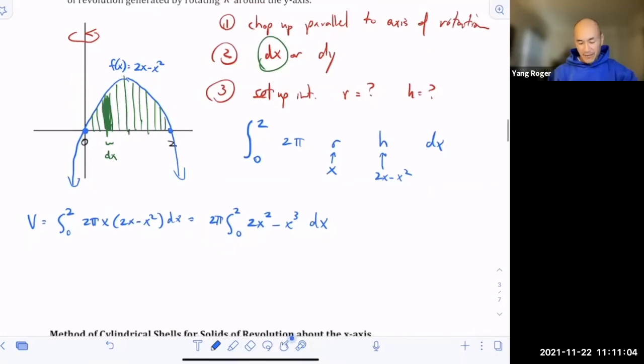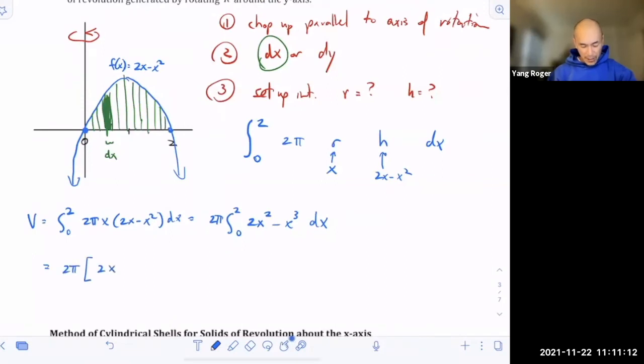Now we find the antiderivative. This is going to be 2 pi times (2x cubed over 3 minus x to the 4th over 4). We're going to evaluate that from 0 to 2.